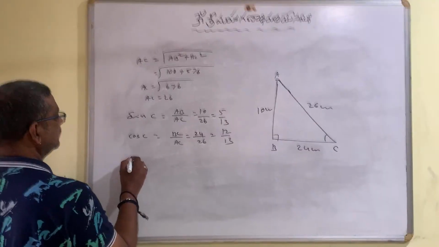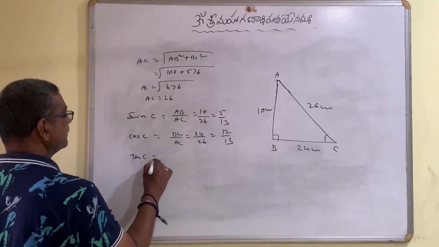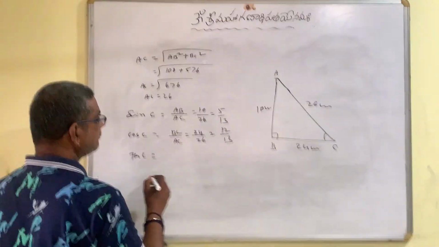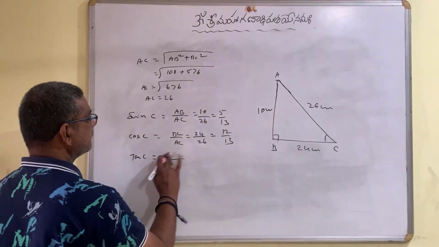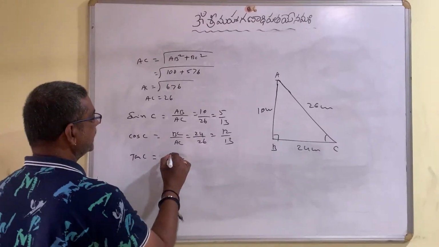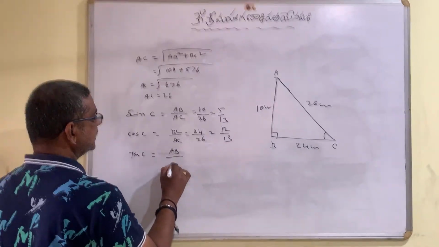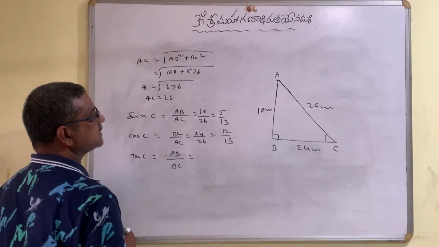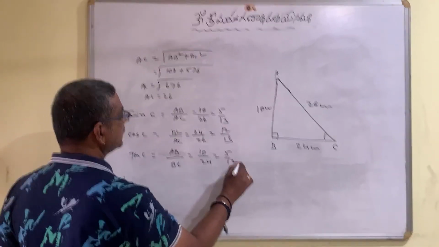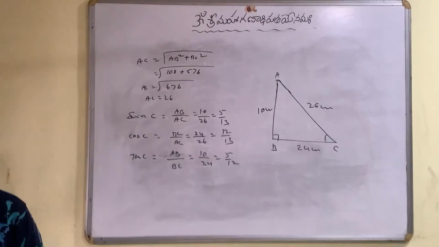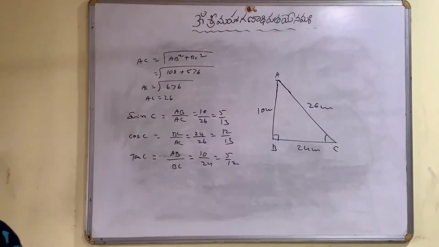Next, tan C, side opposite to angle C by side adjacent to angle C, AB by BC, 10 by 24, so this is 5 by 12.